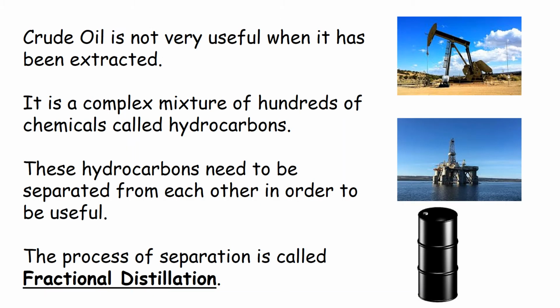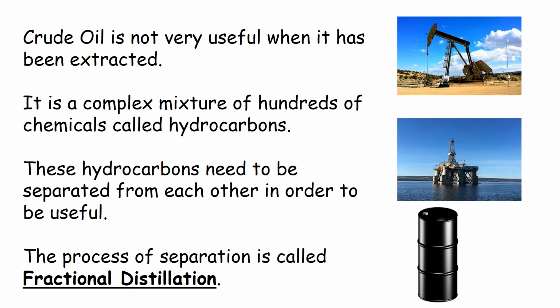Okay, so once crude oil has been extracted from the ground, it's not very useful. It's not very flammable and it's not much good as a fuel source. So what we need to do is to separate out the useful elements in crude oil. So crude oil is a really complex mixture. It's got hundreds of different chemicals in it called hydrocarbons.